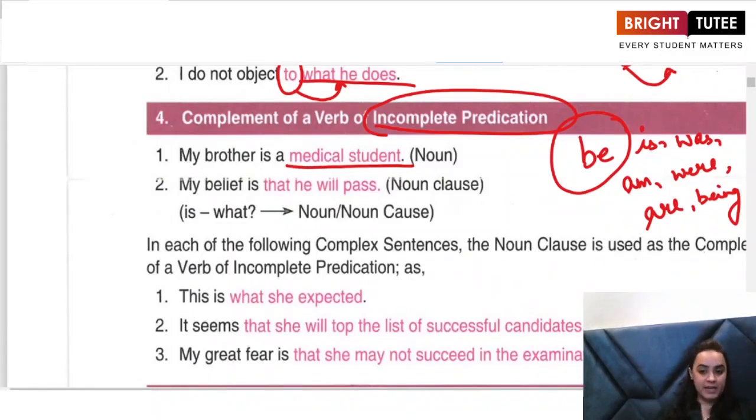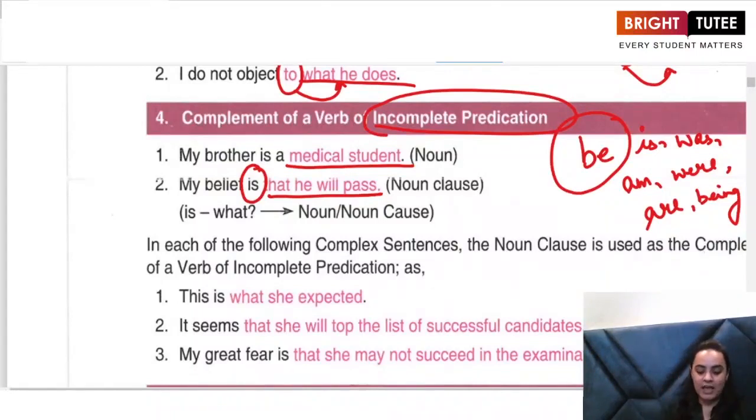My belief is that he will pass. What is my belief? That he will pass. And this noun clause is next to an incomplete predication, an incomplete verb. Therefore, it is the complement of a verb of incomplete predication.